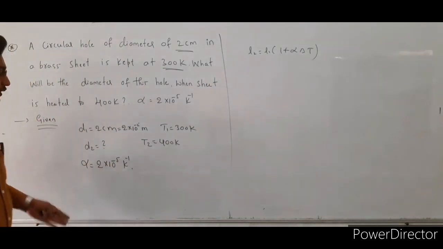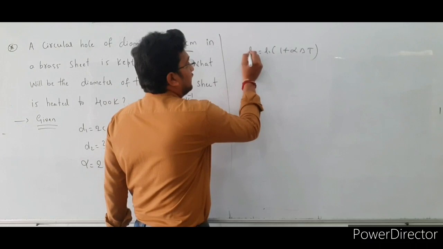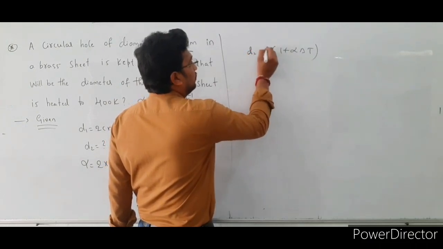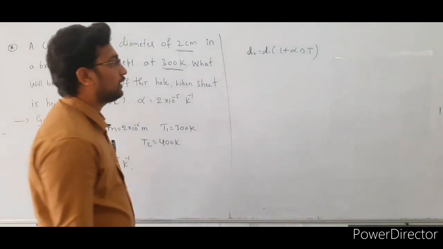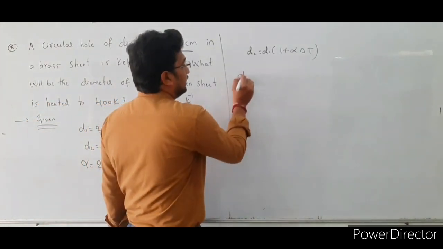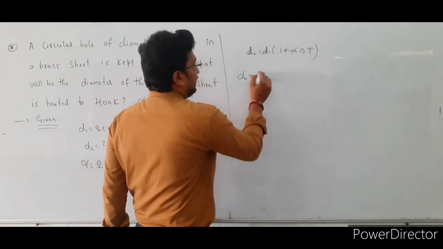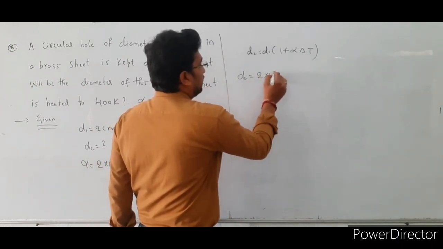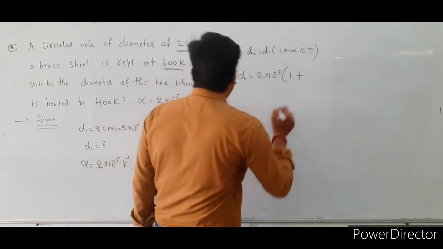So here we are going to find out the final diameter. So that's why we will write D2 is equal to D1 bracket of 1 plus alpha into delta T. So substitute the values here. What is the D1 value here? The initial diameter is 2 into 10 to the power of minus 2 meter, bracket 1 plus alpha value.